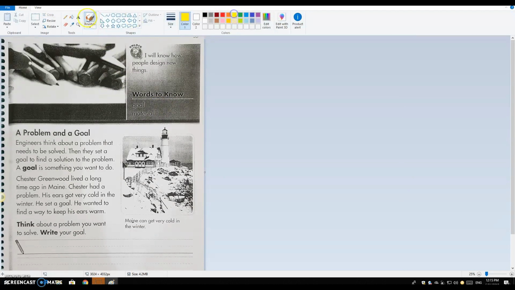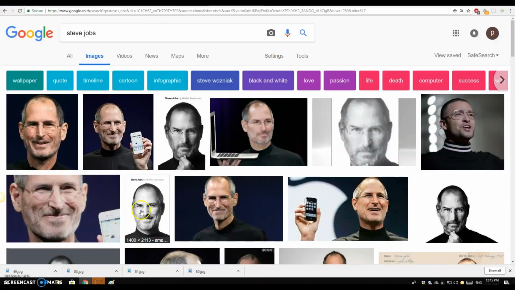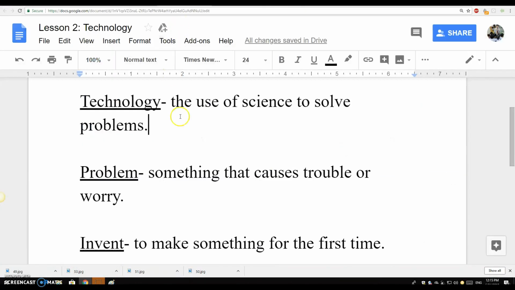And we are on to goals. A problem and a goal. Engineers think about a problem that needs to be solved. Then they set a goal to find a solution to the problem.